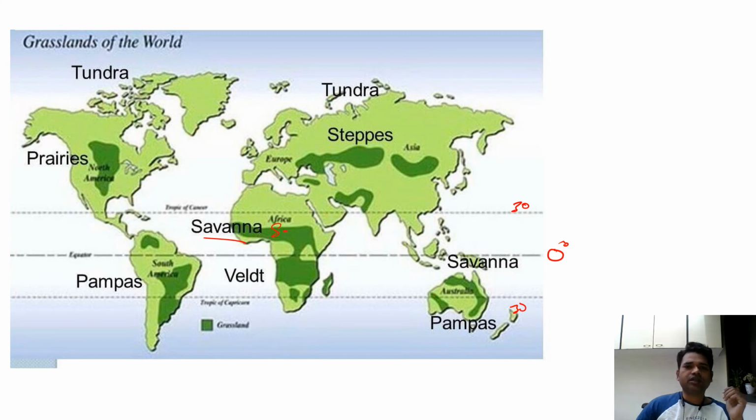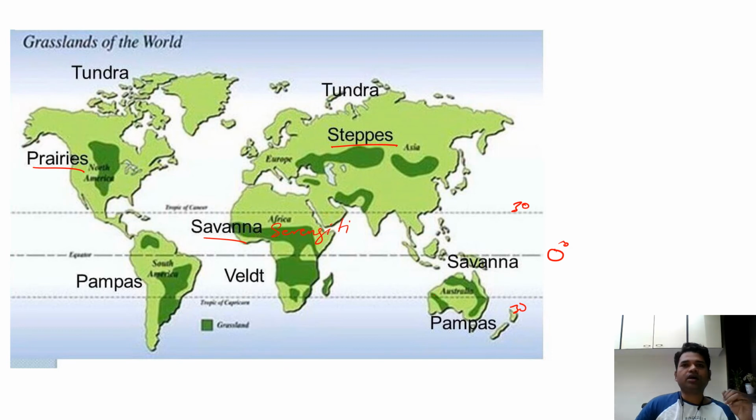Serengeti is the biggest grassland over here. In Argentina, we have the pampas. The grasslands found in the North American continent are called the prairies. In the European continent, they are called the steppes.